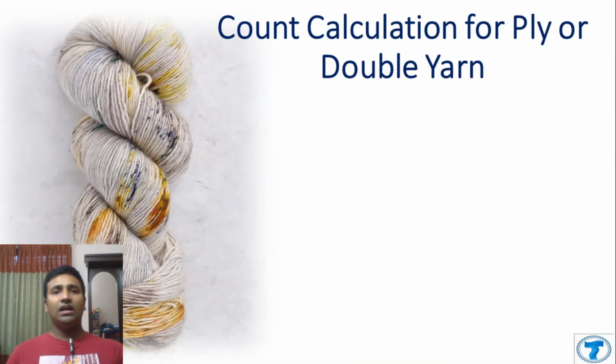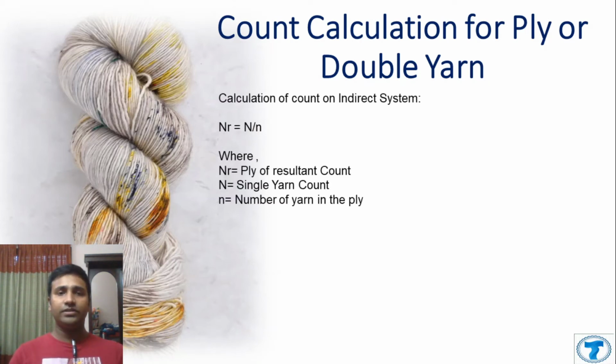Let's discuss count calculation for ply or doubled yarn. How do you calculate ply yarn and doubled yarn? There is a formula for the calculation. If you want to calculate in the indirect system, then the formula is capital NR equals capital N divided by small n, where capital NR equals the resultant count of the ply, capital N equals the single yarn count, and small n equals the number of yarns in the ply.